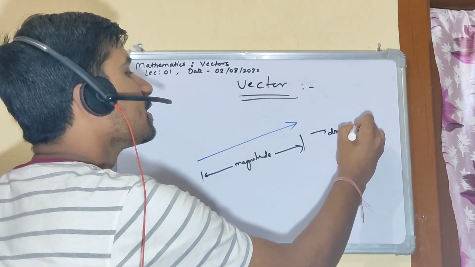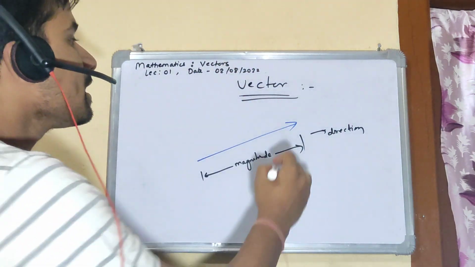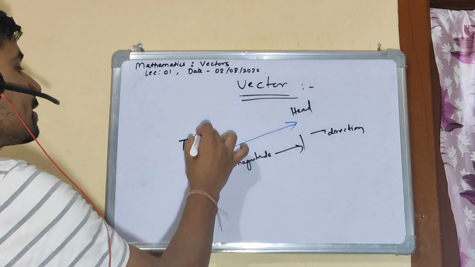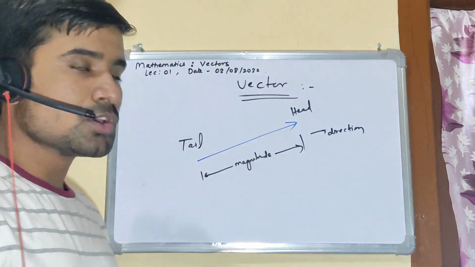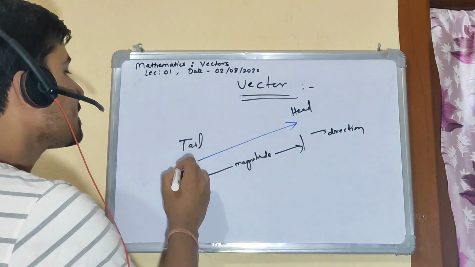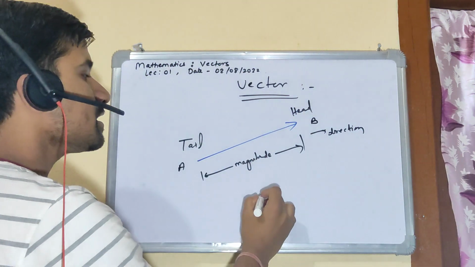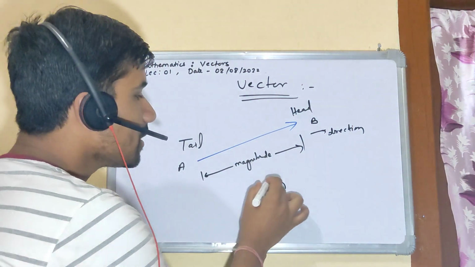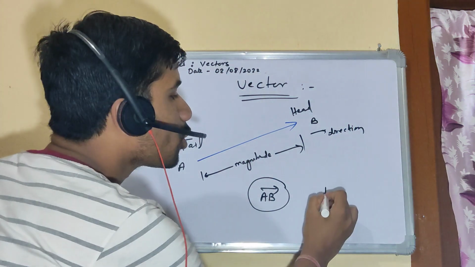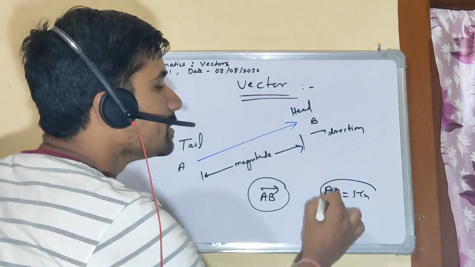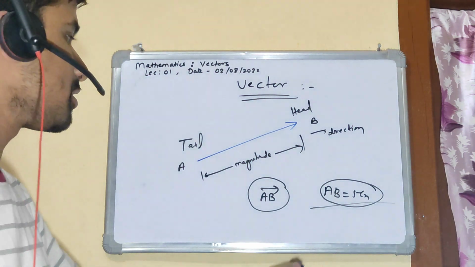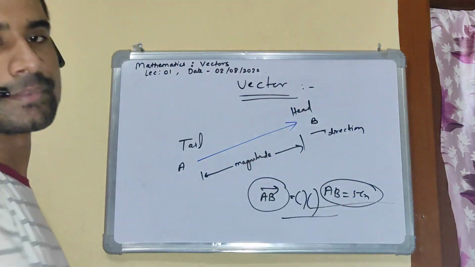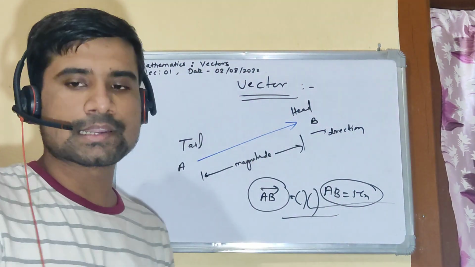This arrow is the head part of the vector, and this is the tail part of the vector. The shorthand representation of any vector, let's say this is vector AB, is AB with a vector symbol on the top of it. So this is AB vector. If you write normal AB equal to 5 centimeter, this basically means this is a scalar length, it has value 5 centimeter. But if you are writing AB vector, you need to write magnitude as well as direction. Okay, clear?